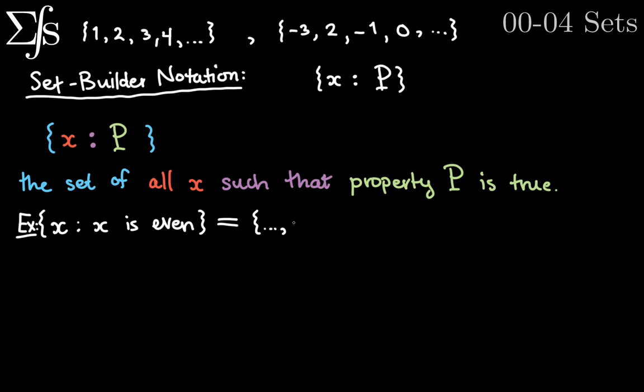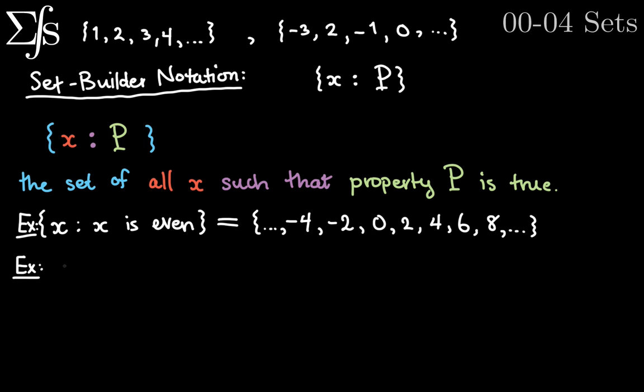So it'll be ..., -4, -2, 0, 2, 4, 6, 8, and so on. So it's the set of all the even numbers. But I can write it this way. It's the set of all x such that x is even.